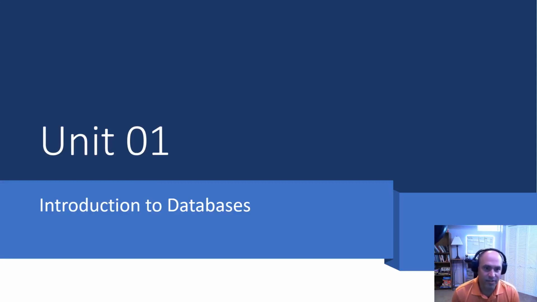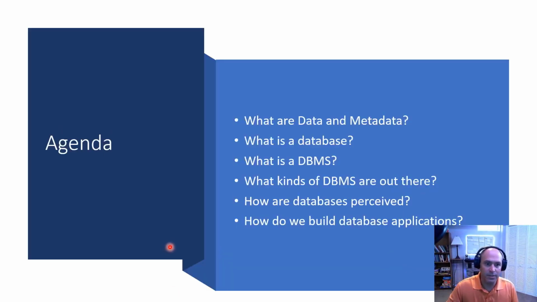Okay, let's kick off the semester with our first unit, Introduction to Databases. What's on the agenda? So we'll talk about data and metadata and the difference between data and metadata and the three categories of data. We'll look at what is a database, and we'll talk about a database management system and how a database management system is different from a database.